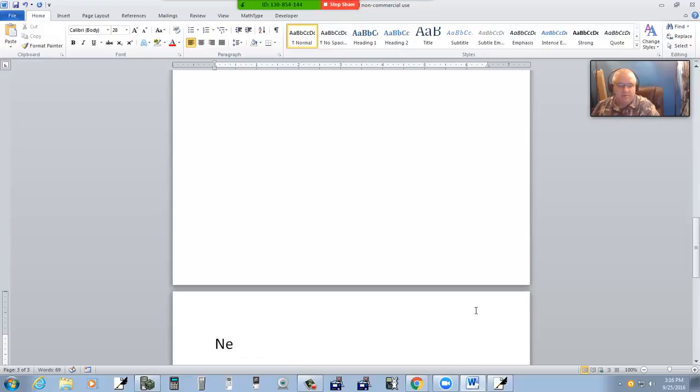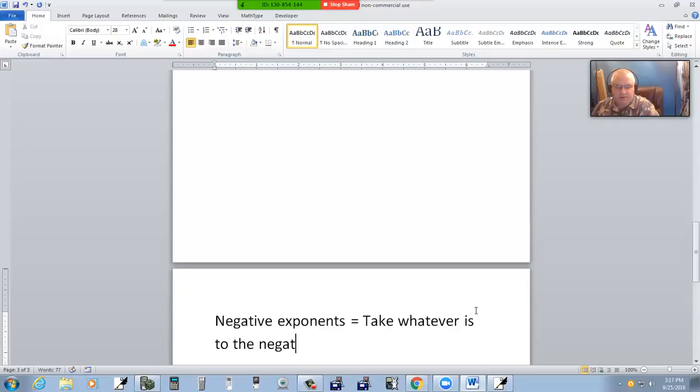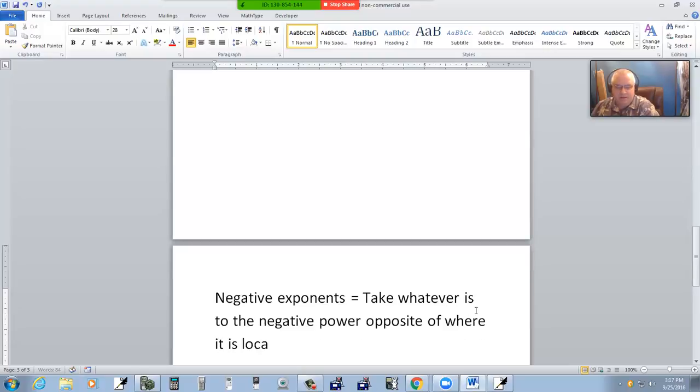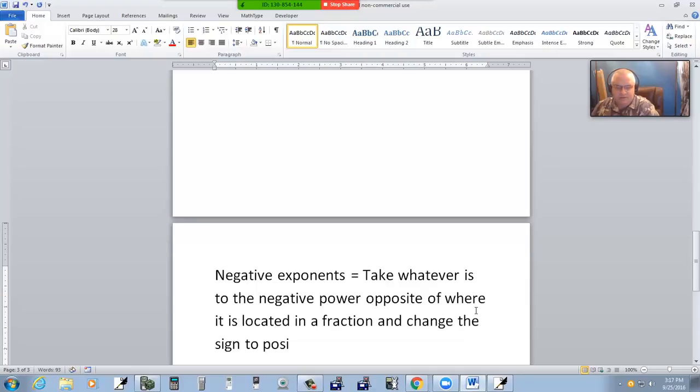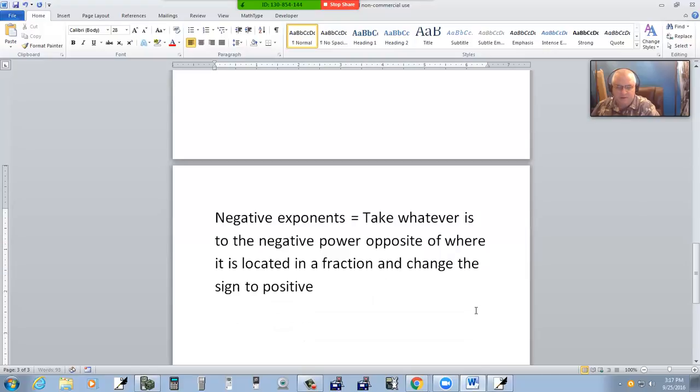Okay, negative powers, negative exponents. Take whatever is to the negative power opposite of where it is located in a fraction and change the sign to positive.